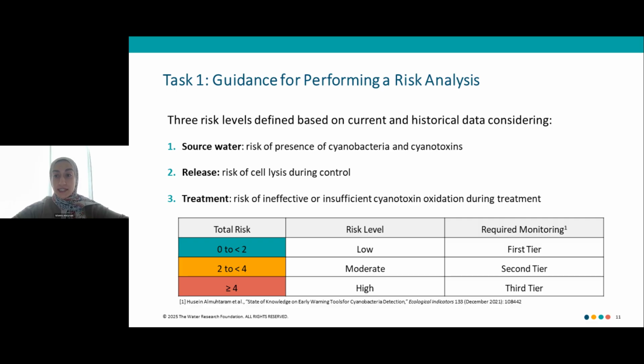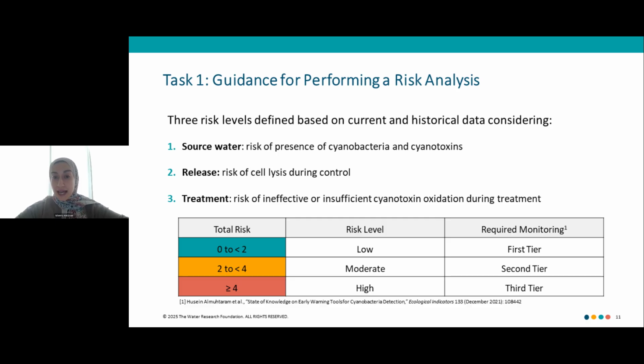The first of these categories is, of course, the risk of the presence of cyanobacteria and cyanotoxins in your source water. And I'm sure you recognize that this is the most commonly found risk factor in the already existing risk frameworks that are available before this WRF project.